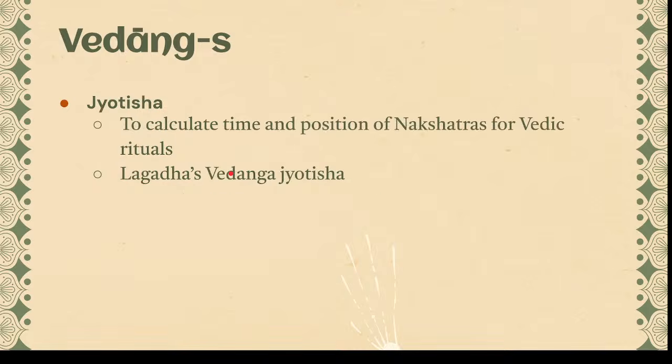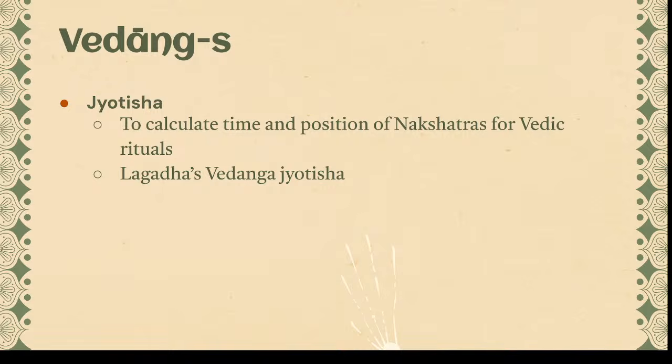Now the last one is the Jyotish. Most of us in the media know that Jyotish is related to astrology, but here you have to maintain the difference: in Vedāṅga, the Jyotish corresponds to astronomy. Astronomy means knowing the planetary states, their motions, where the nakshatras are, where the different planets are.